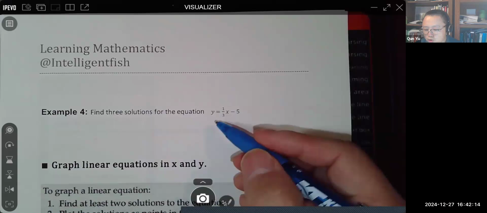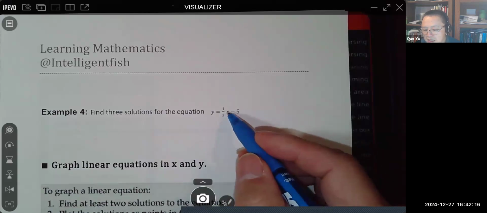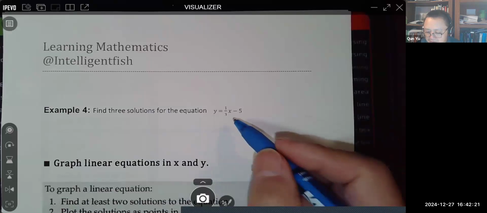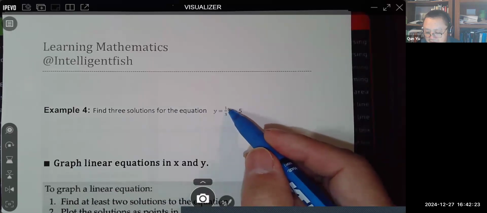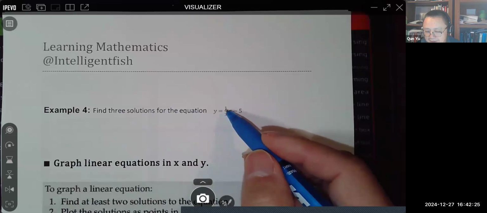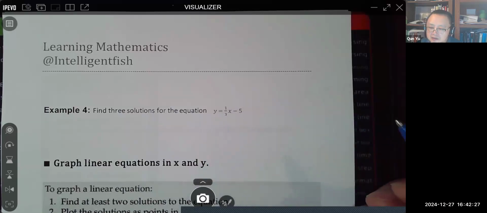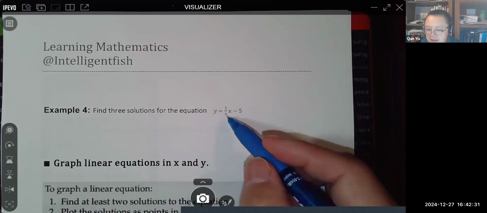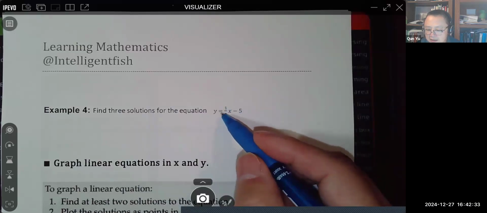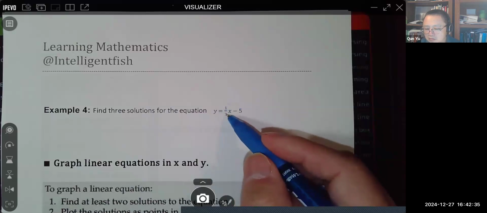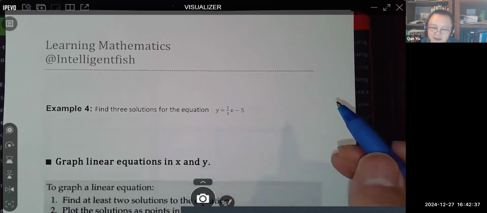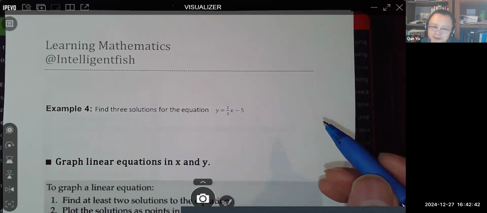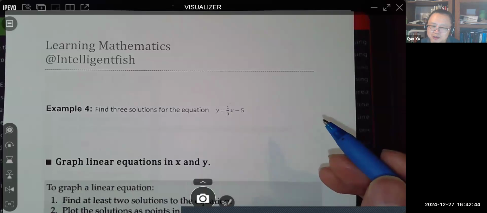But if you draw the line manually, there's a problem here, because not every number for x can be divided by 3 evenly. If you select some number for x that results in countless decimals for this part, then your y will also have countless decimals. That means you have to round it. That means you have a rounding error before you even draw the graph.